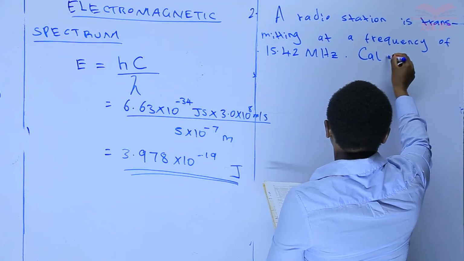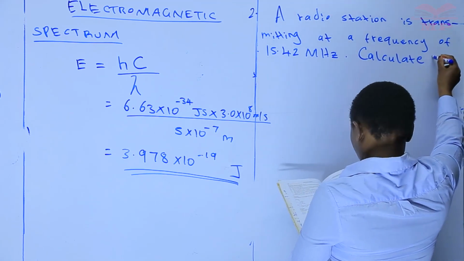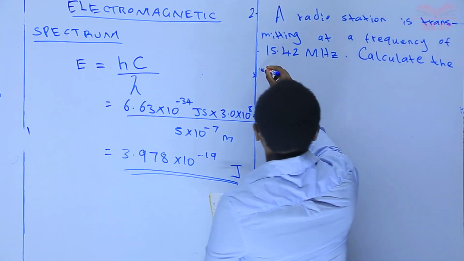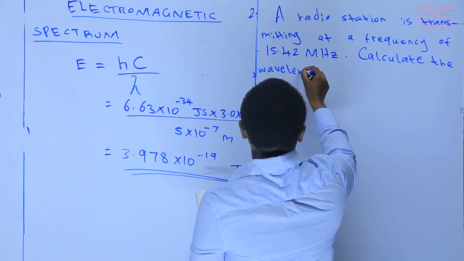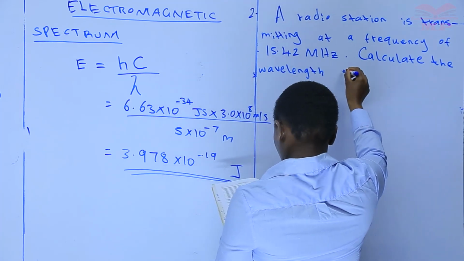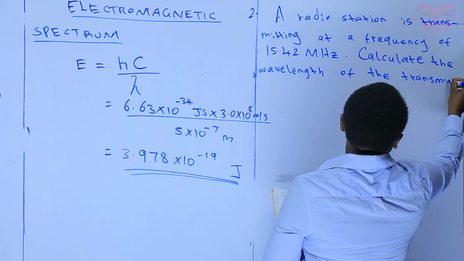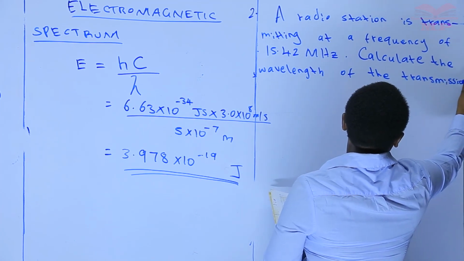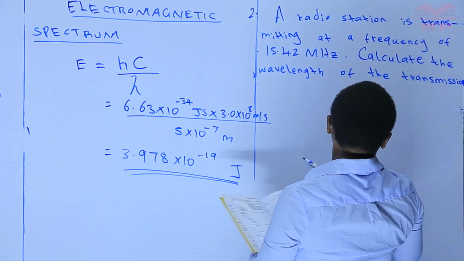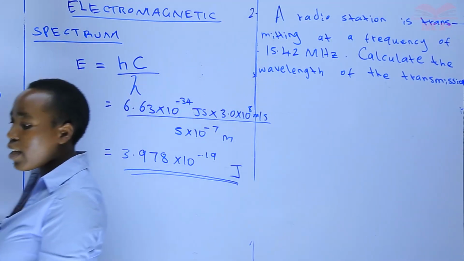So we are told to calculate the wavelength of the transmission. Calculate the wavelength of the transmission. So that is what we have as our question.